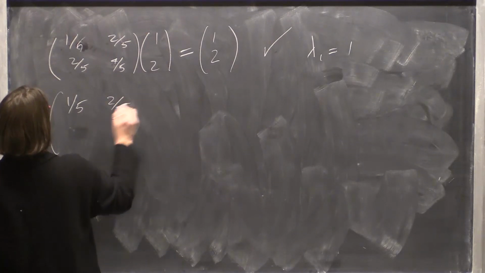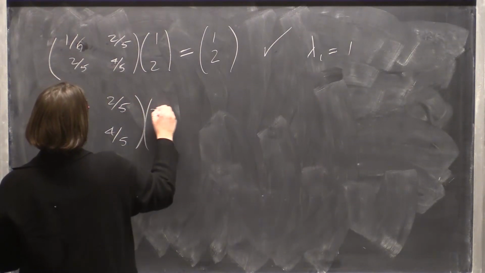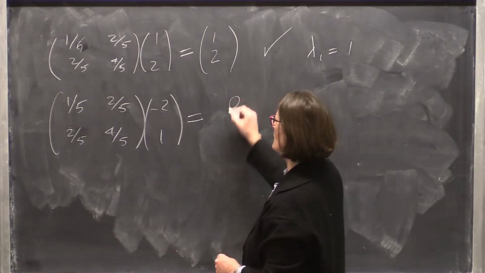Then 1/5, 2/5, 2/5, 4/5 times 2, minus 1 is 0.